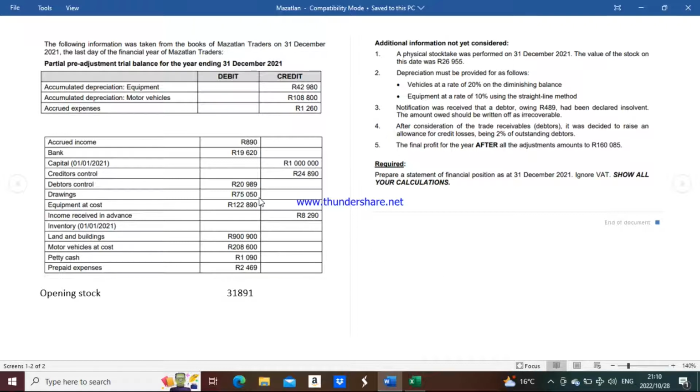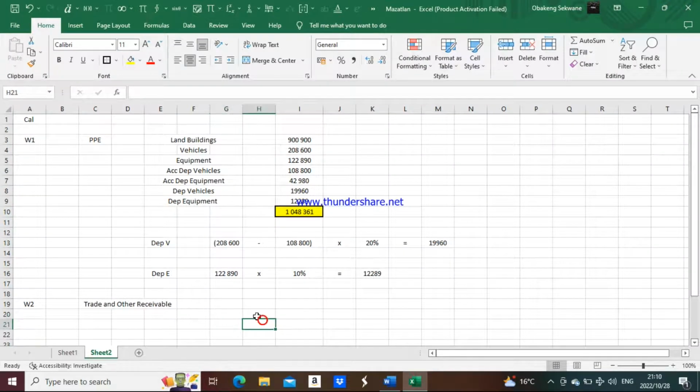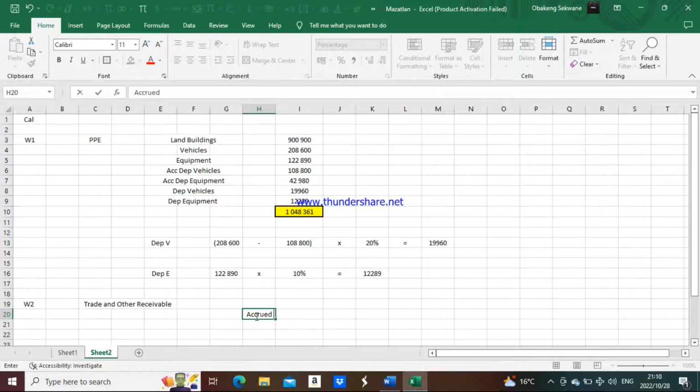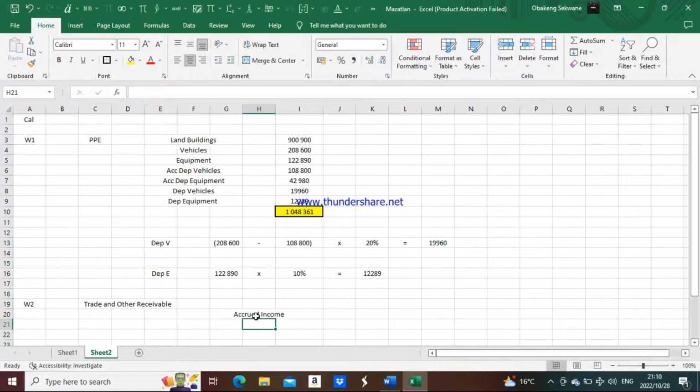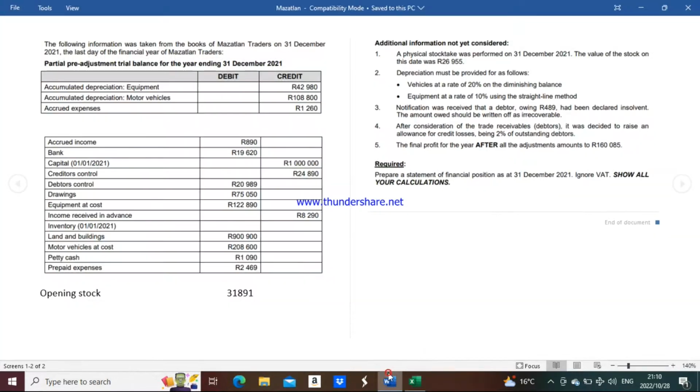So in our trade and other receivables, we have accrued income, and then we have our debtors control, and then we have our prepaid expense.